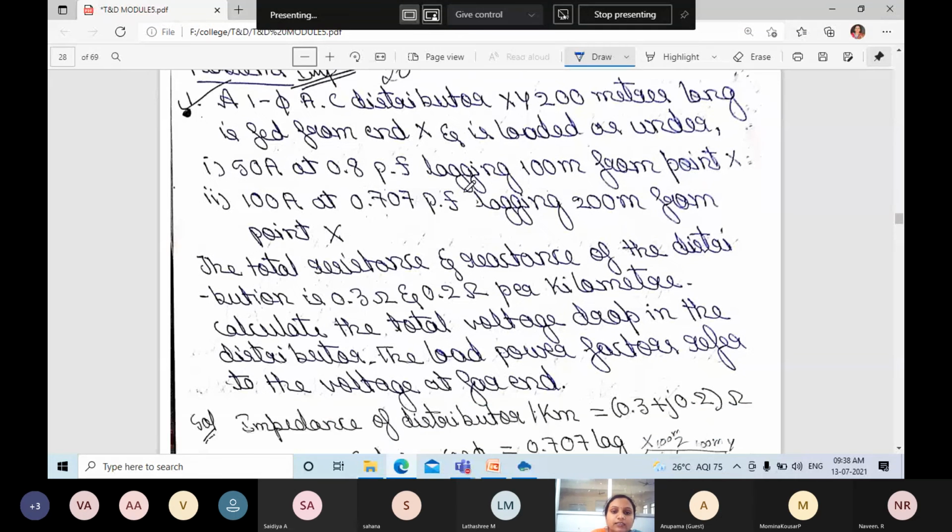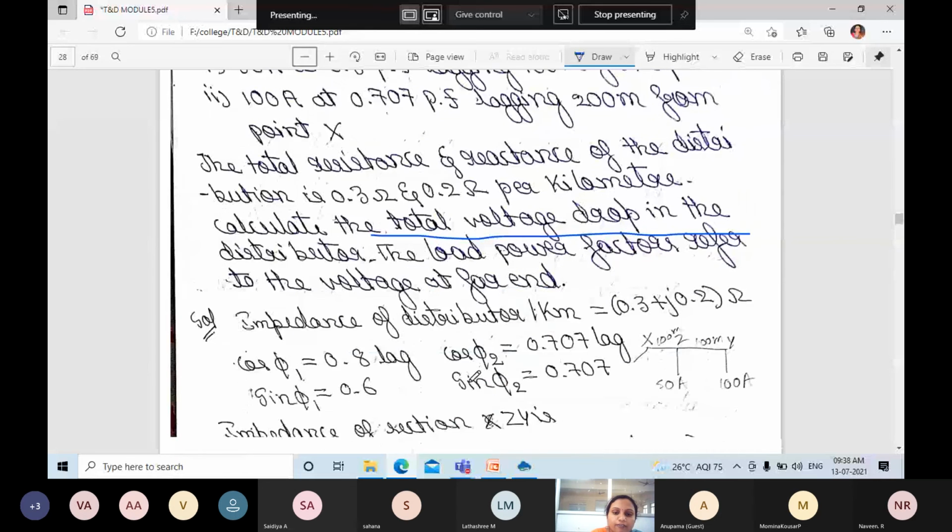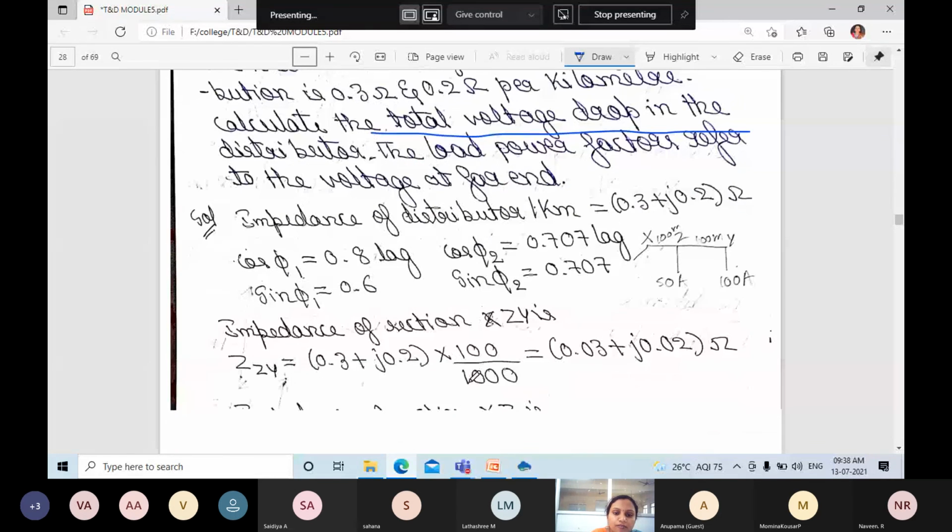They have given the total resistance and reactance of the distributor, and they have asked to find the total voltage drop in the distributor. Observe the formula they have used.